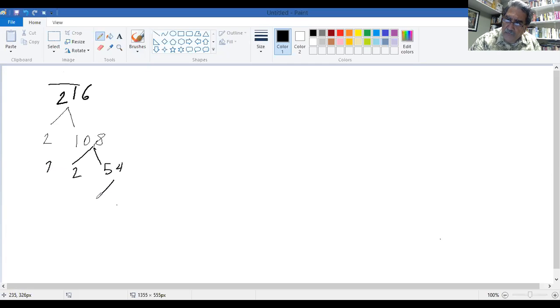Now look at 54. 54 is a product of 2 times 27. 27 is a product of 3 times 9. 9 can be branched out, is a product of 3 times 3.